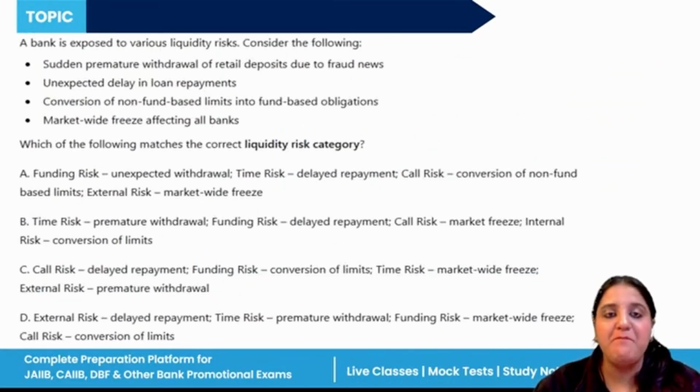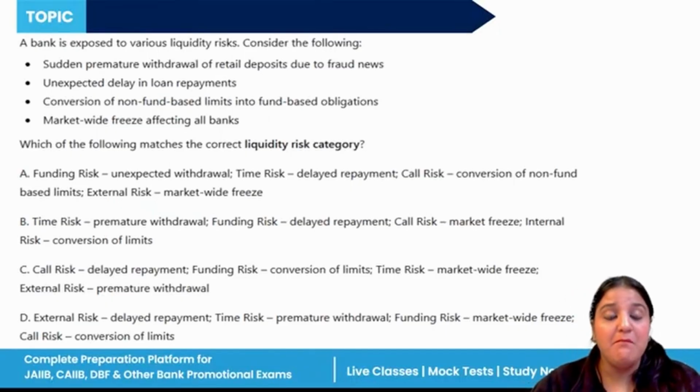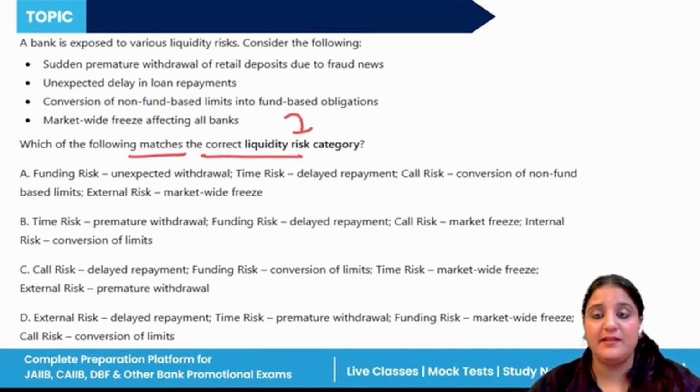Now, if a bank is exposed to various liquidity risks: sudden premature withdrawal, unexpected delay in loan repayment, conversion of non-fund based limits, and a market-wide freeze that affects all banks. So which of the following matches the correct liquidity risk category?